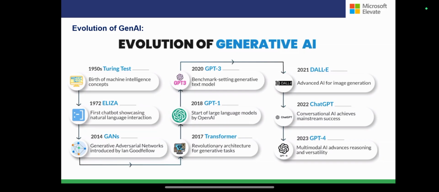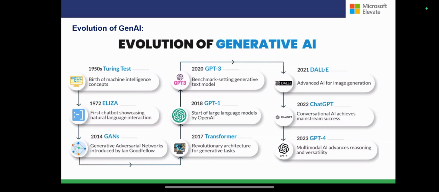AI is a technology that enables a computer or machine to simulate human intelligence. Generative AI is a similar kind of technology, but what it does is generate new content for us. It can generate new text, images, audio clips, video clips, anything, including software code as well.